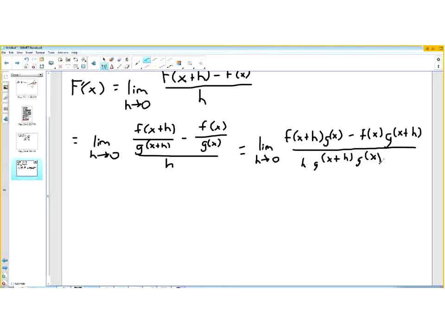Okay, and so now we're going to use that trick we did with the product rule. We're going to add and subtract a quantity in the numerator.